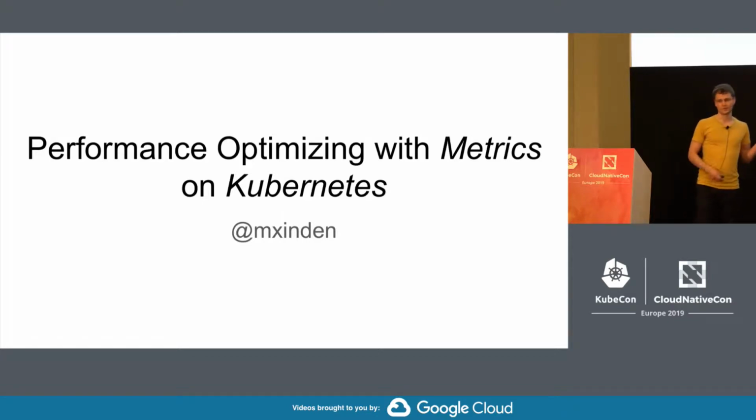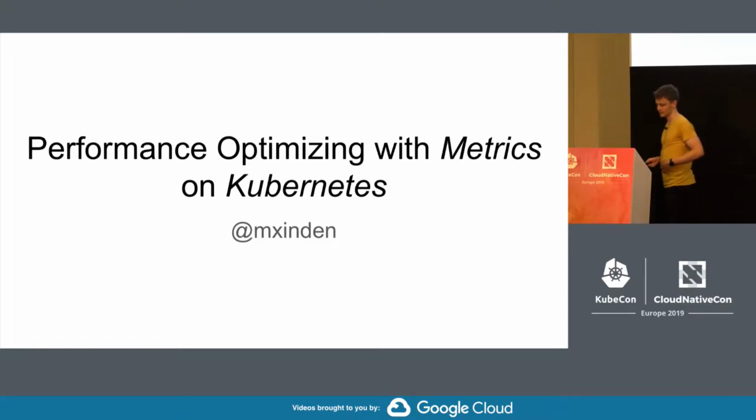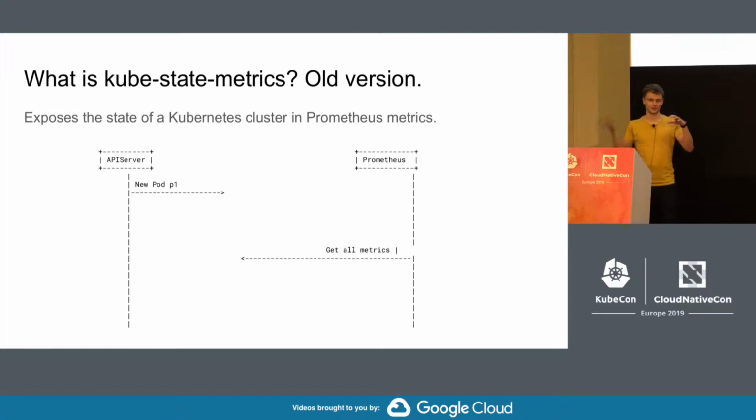We'll do that with the example of Prometheus, but that could be any other monitoring system. What kind of metrics do we need to look for, and how can we do that in a very efficient and iterative process? That is the other perspective, but still I'll look at it from the perspective of kube-state-metrics.